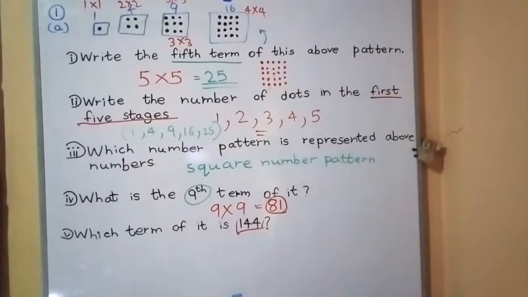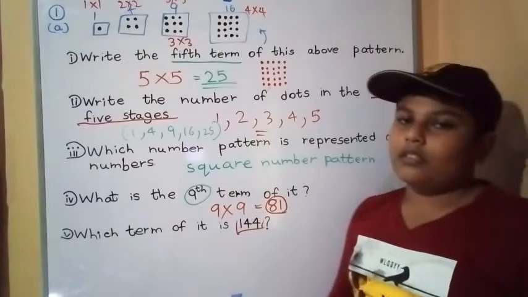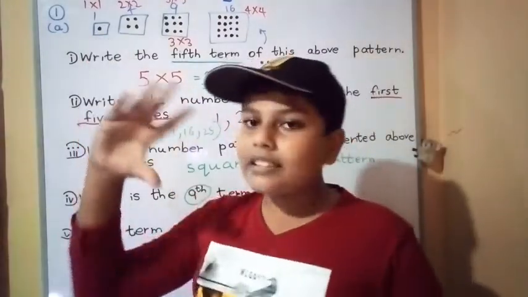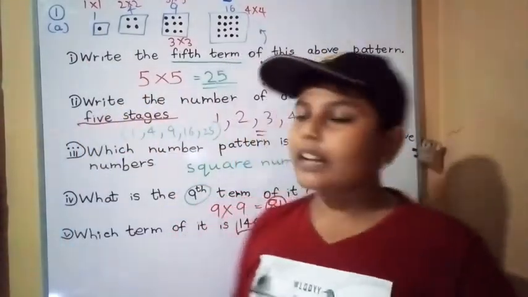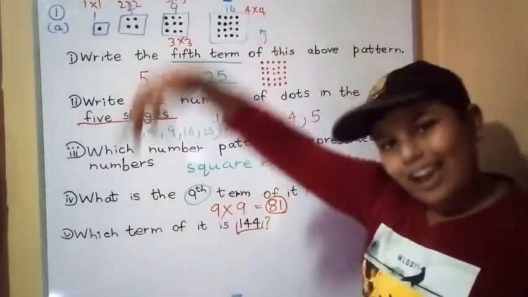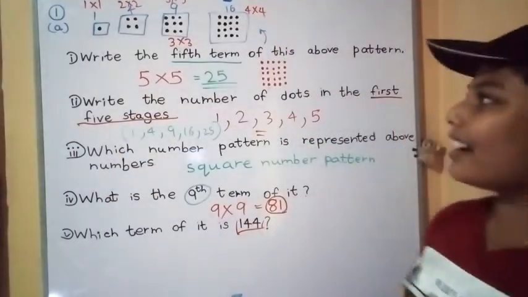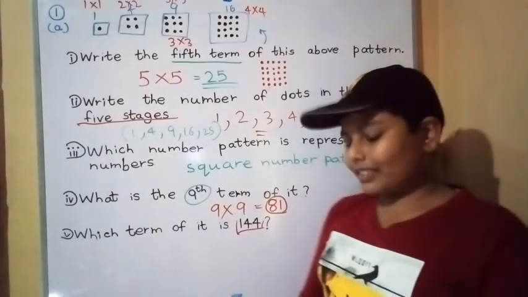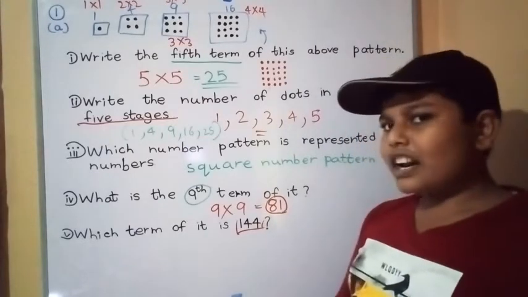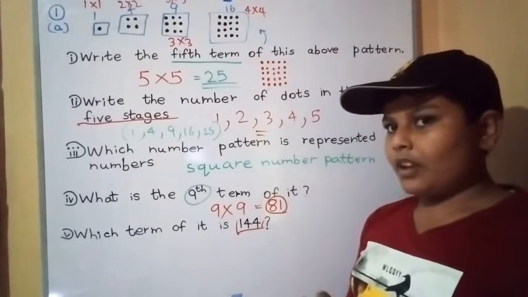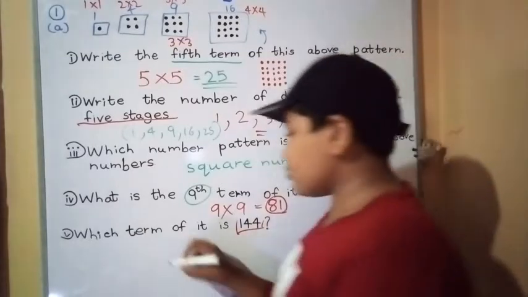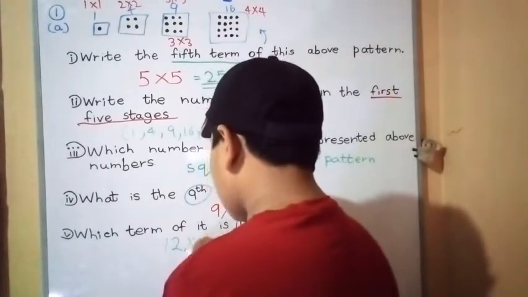Right? You know that. There one is the column multiply rows, right? Now 1 multiply 1 is they have only one dot, right? Now like that. 144, you can get as 12 multiply 12.